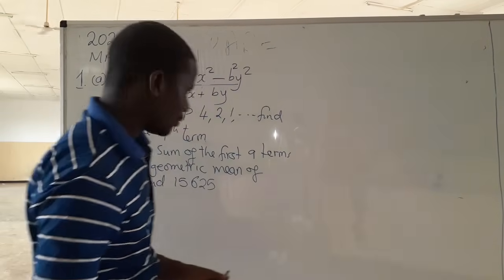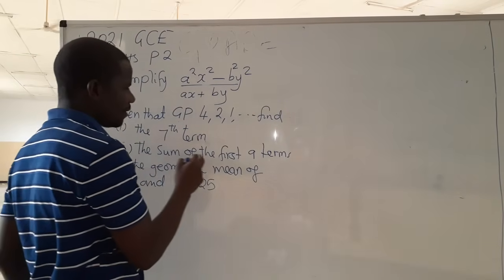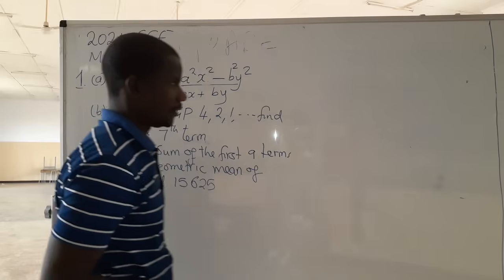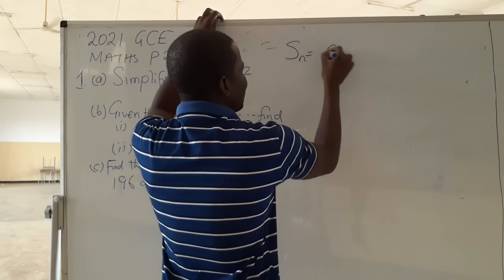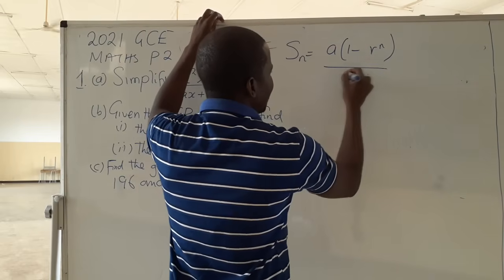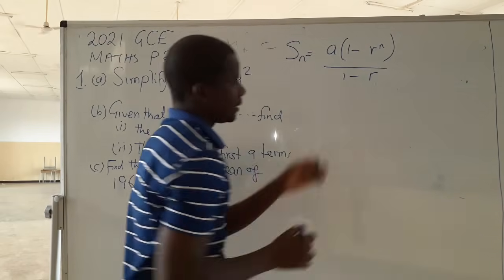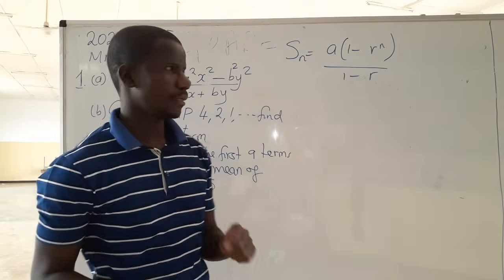Okay. So we come now to the sum of the first 9 terms of the GP. The sum of the first 9 terms of a GP. This is the formula that we use when r is less than 1.